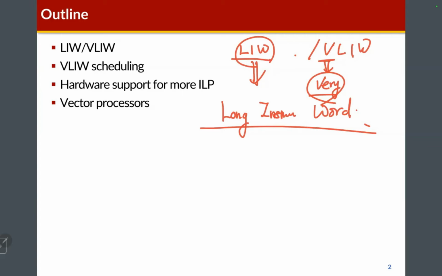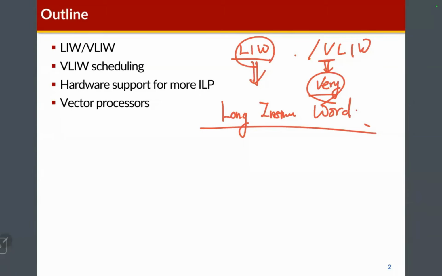As I explained, recently we do not use LIW or VLIW architecture, but it was researched and studied by some academia and the industry field like Intel.